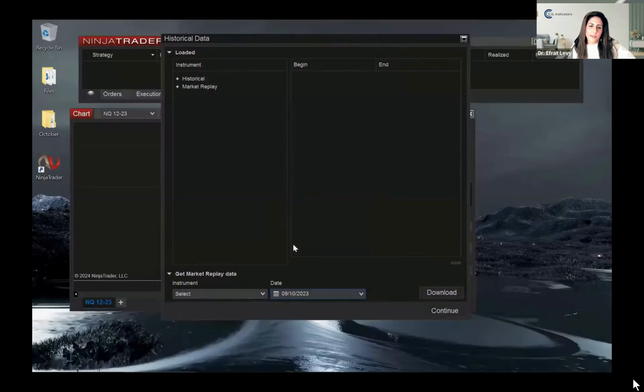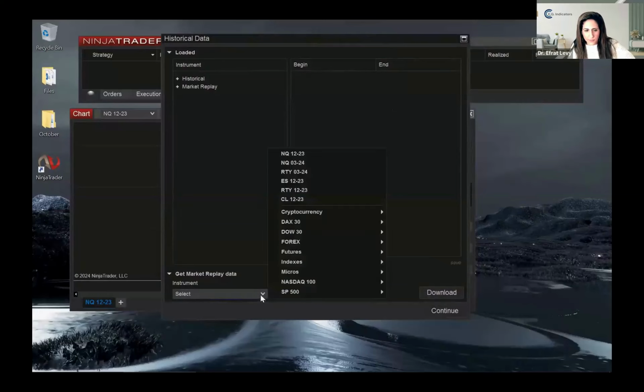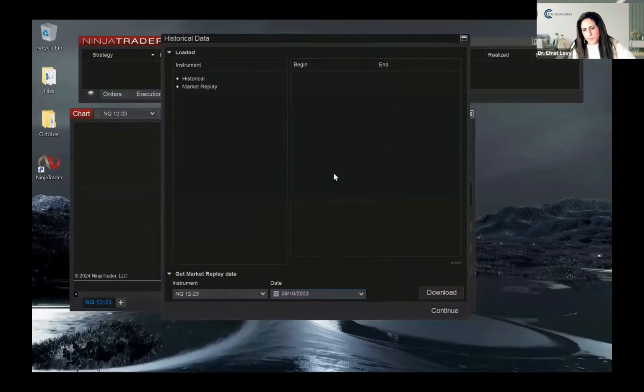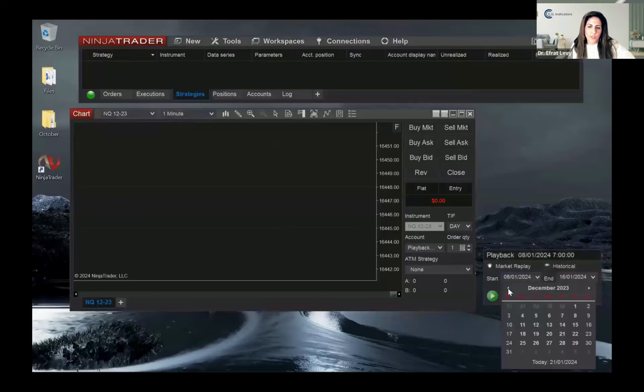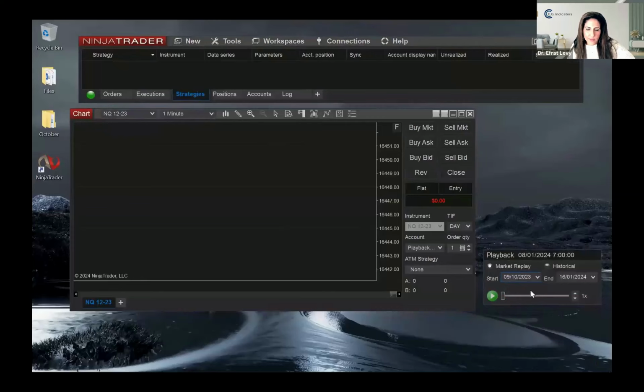In this case, I picked October 9th, and you need to pick the instrument. In this case, I picked the NQ. After you choose date and instrument, you can press the download button, and the historical market data for market replay is downloaded to your computer. Now you can go to that day that you downloaded and play the data, the playback, the market replay.